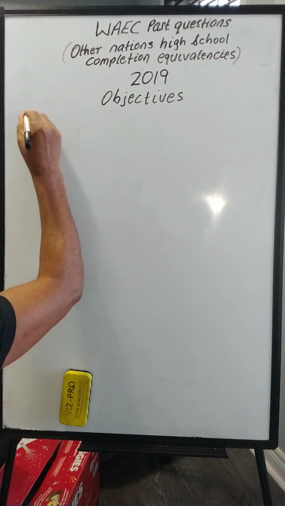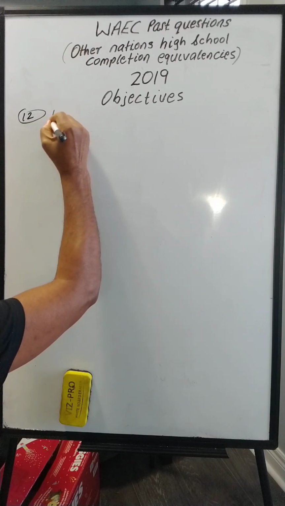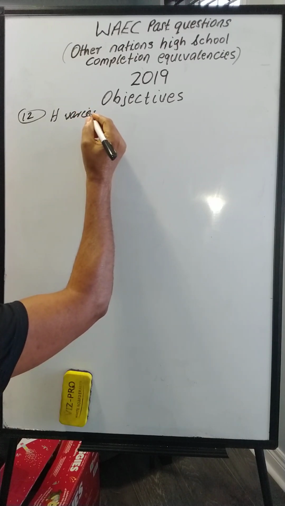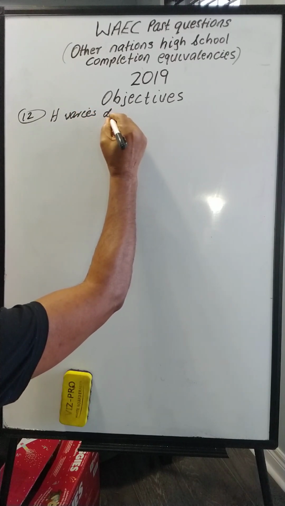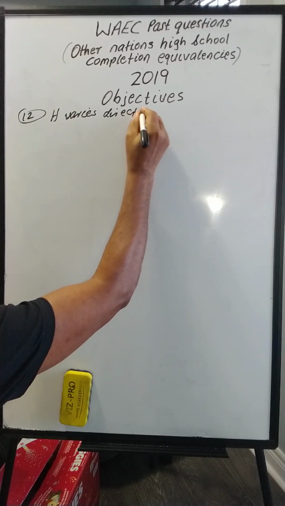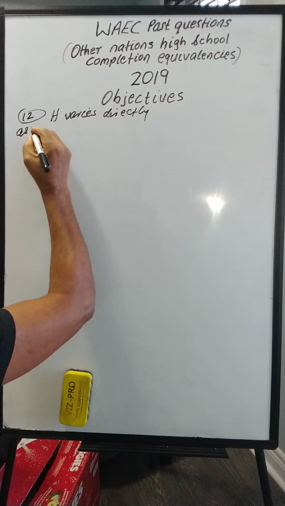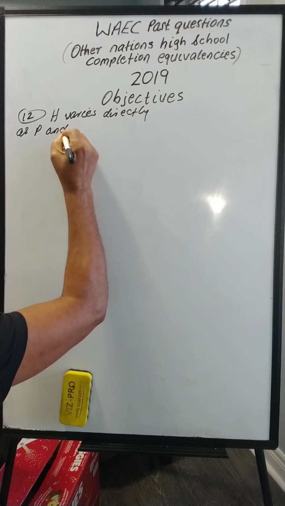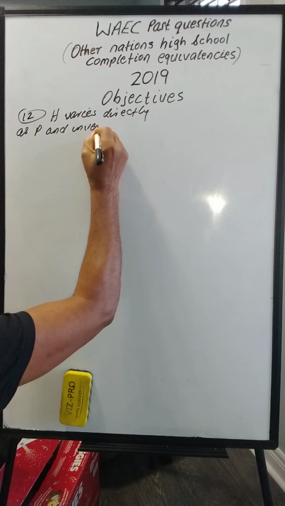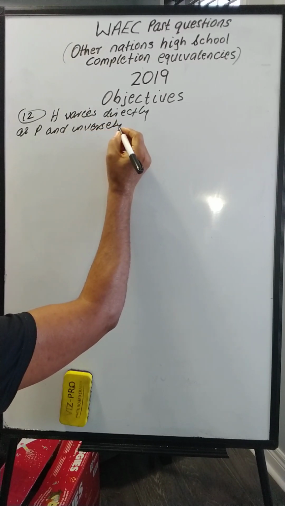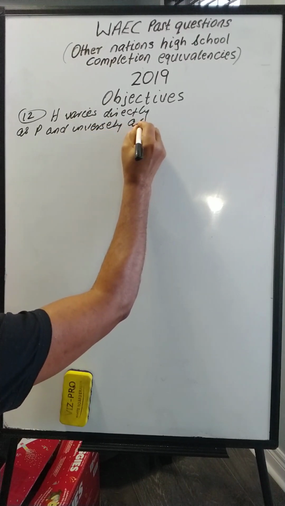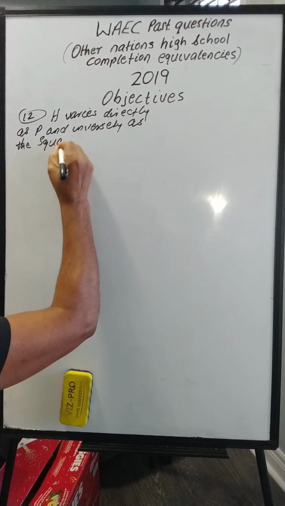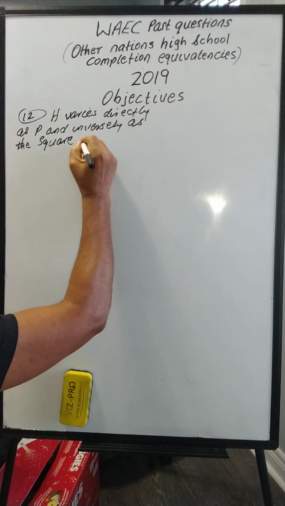Number 12: h varies directly as p and inversely as the square of y.